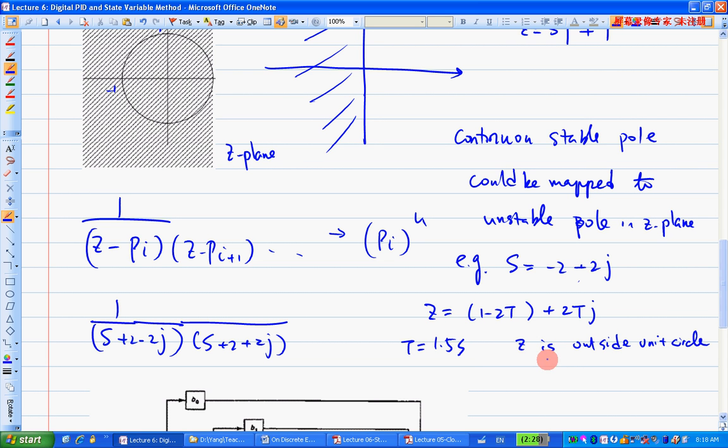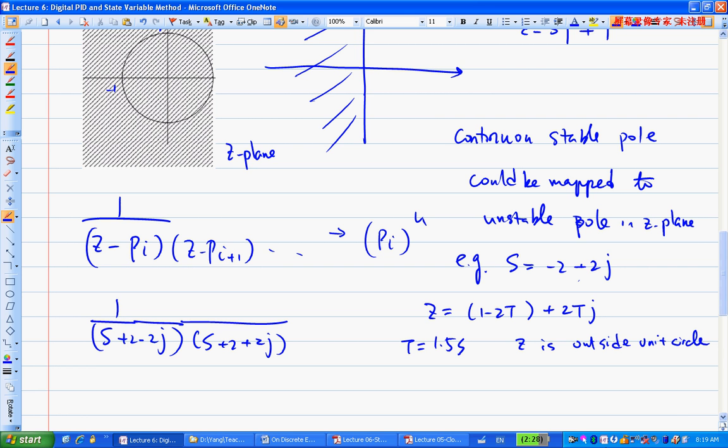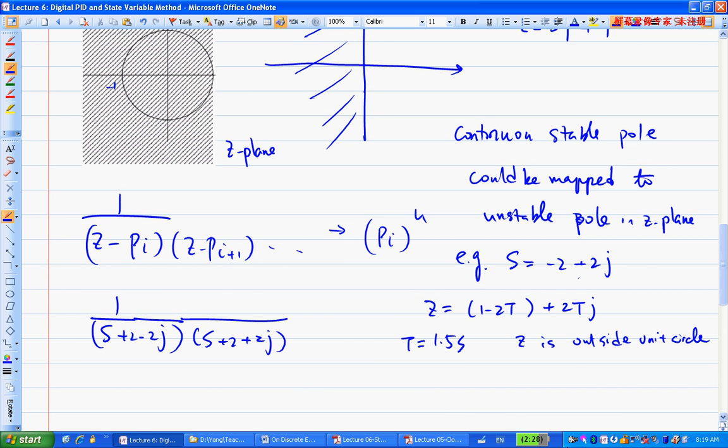You will find that the corresponding poles after the discretization are outside the unit circle. So that's a bad thing that happens.